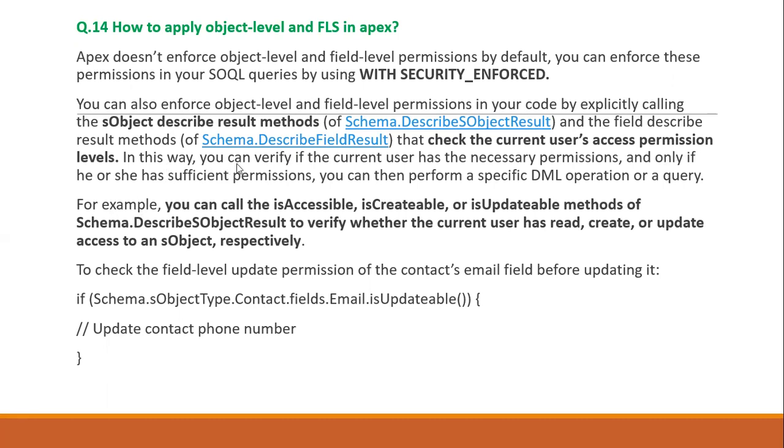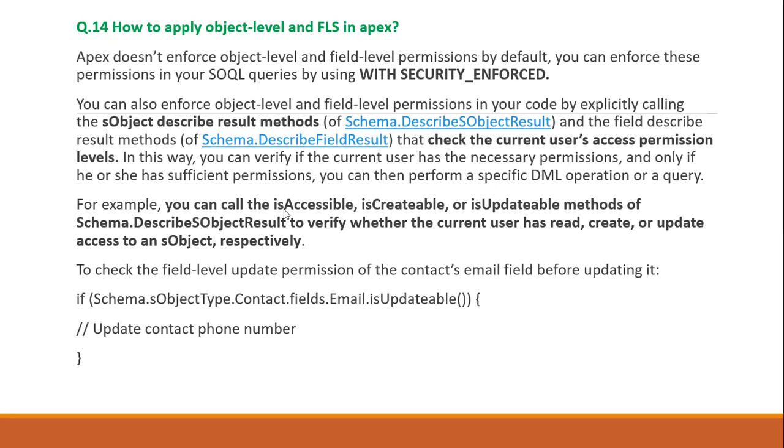In this way you can verify if the current user has the necessary permission, and only if they have sufficient permission can you perform the specific DML operation or query.